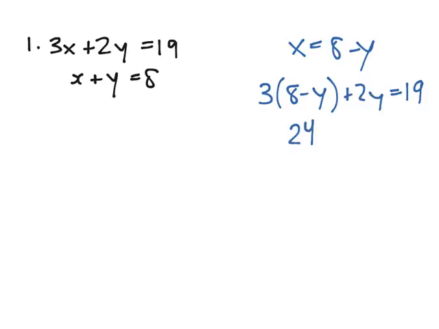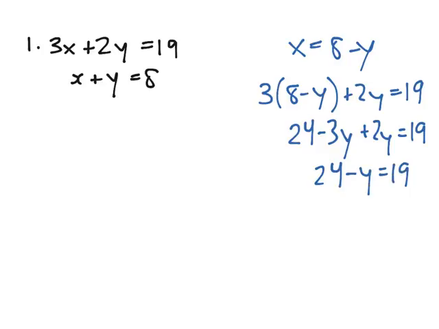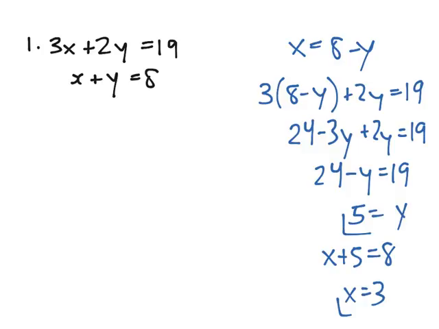That gives us 24 minus 3y plus 2y is equal to 19. 24 minus y is equal to 19, and y is equal to 5. And if y is equal to 5, x plus 5 is equal to 8, x is equal to 3. So that worked, but it did take a while.